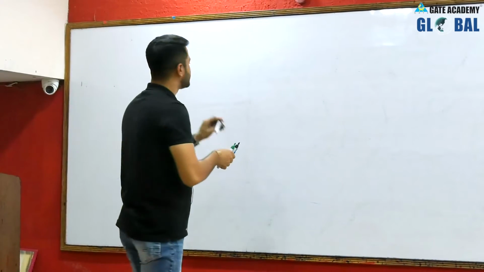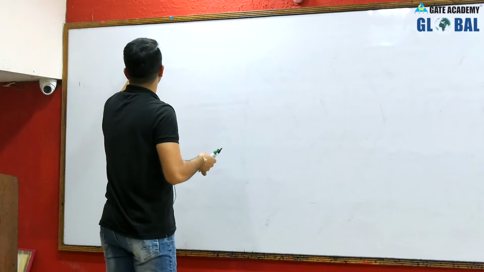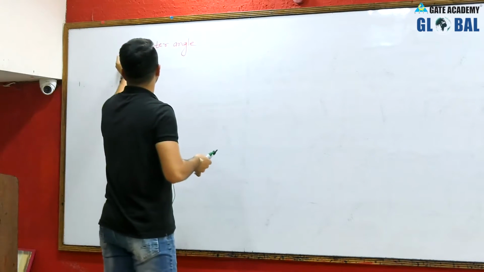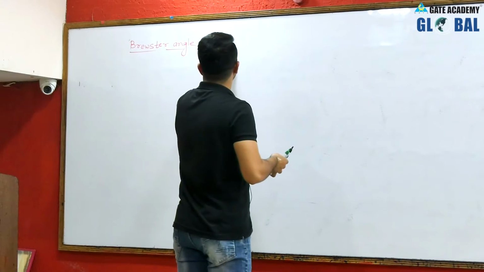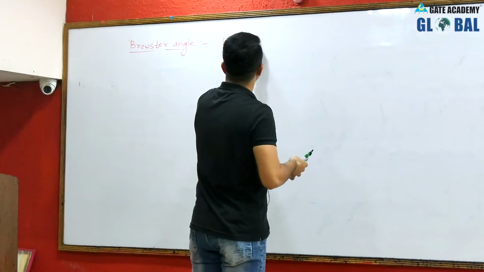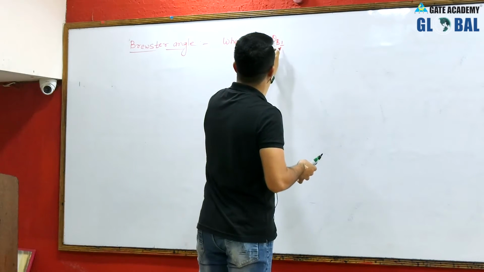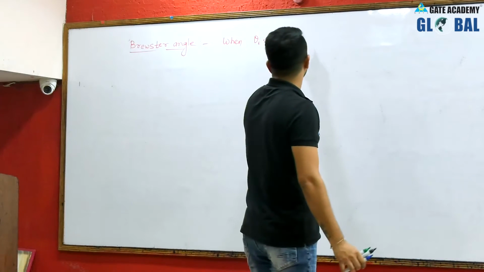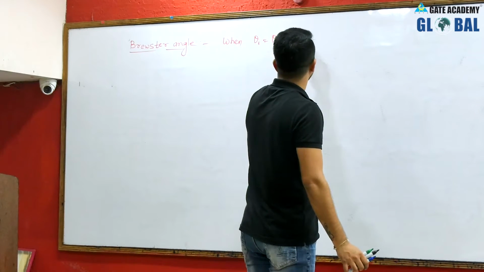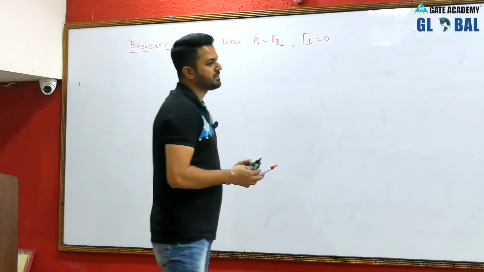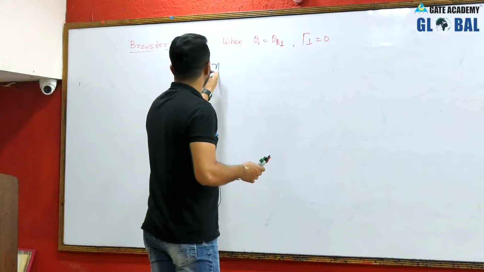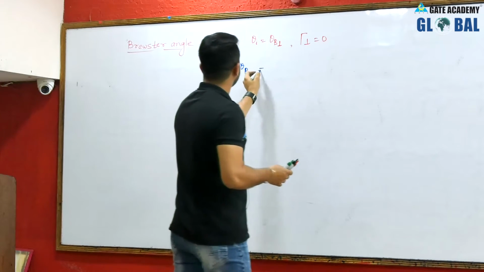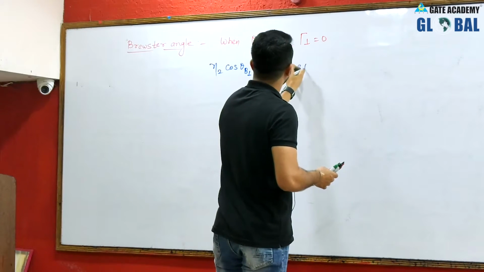The Brewster angle, when theta I becomes theta b perpendicular, because we are defining it for the perpendicular polarized wave, this gamma perpendicular becomes 0. So gamma perpendicular becomes 0 when eta 2 cos theta b perpendicular is equal to eta 1 cos theta t.